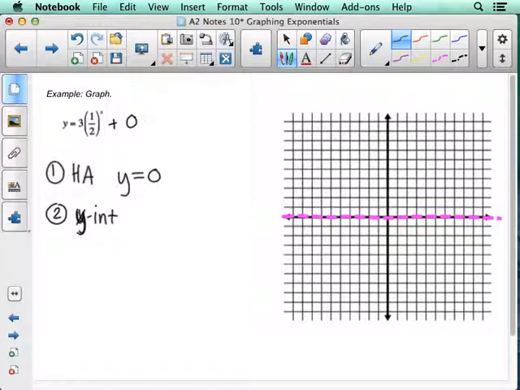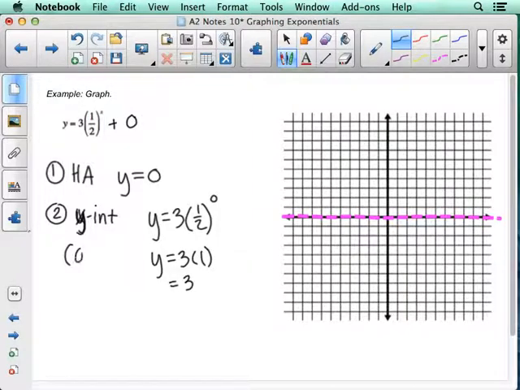So I make x equals 0. So this becomes y equals 3 times 1/2 to the power of 0. Remember, you do exponents first. So this becomes 3 times 1, which is 3. So my y-intercept is 0 for x and 3 for y. So I'm going to plot it, 0, 3.